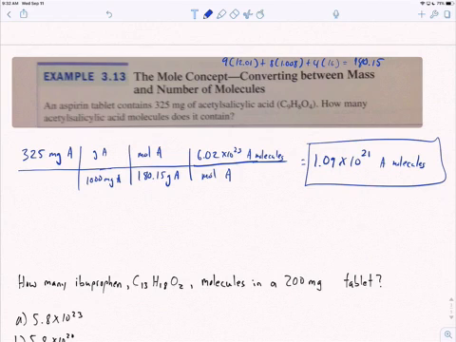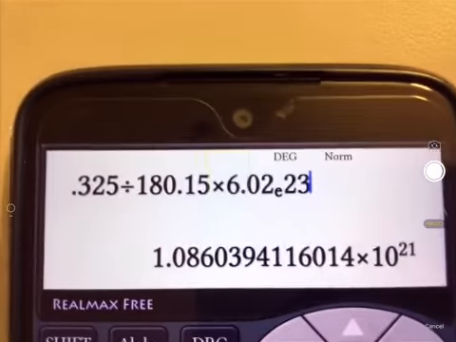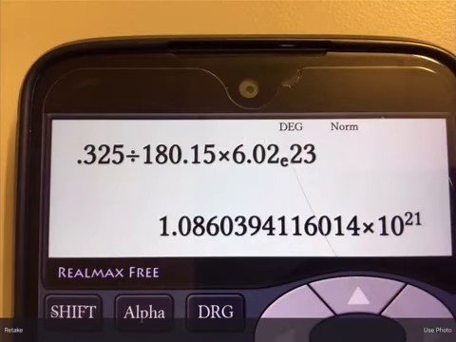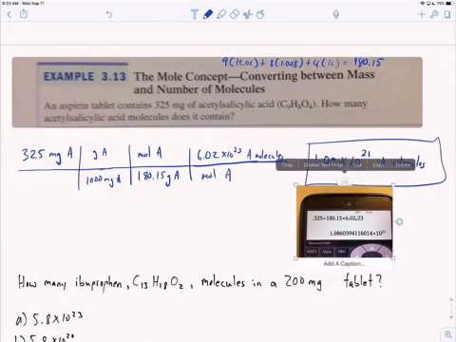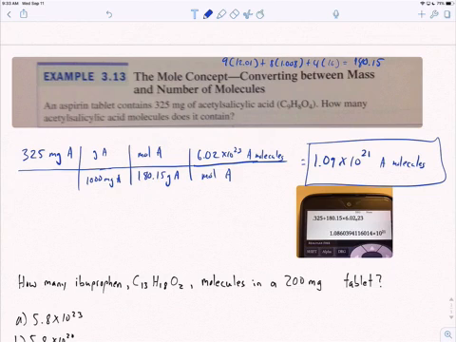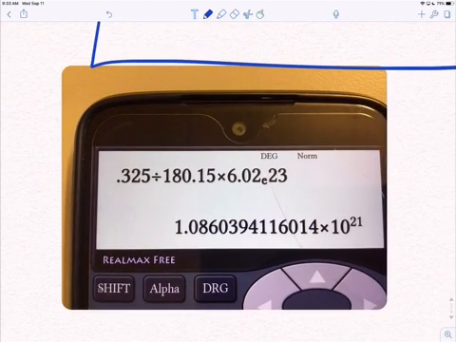It depends on your calculator. Oh, I should zoom in. So what I did, I just put 0.325 divided by 180.15 times Avogadro's number. I skipped the 1,000 step and just combined that.